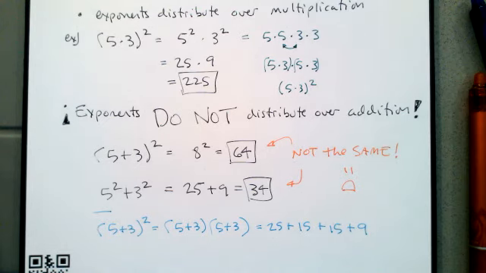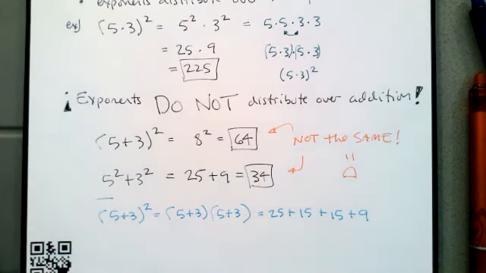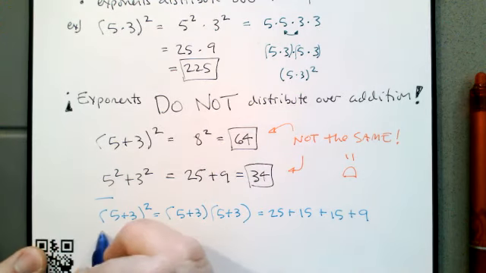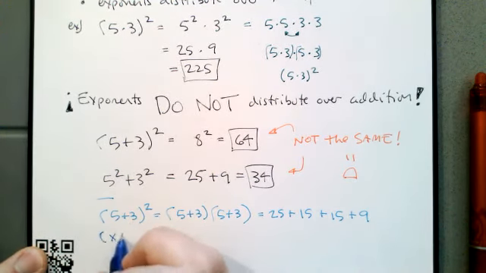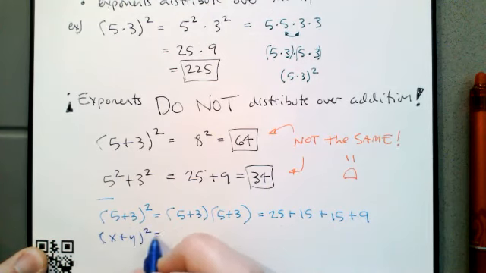It's really important to make this observation, because if we trade our 5 plus 3 for an x plus y, we're going to want to distribute the exponent. But if we have an expression that says x plus y to the second, these are not like terms, I can't add them.